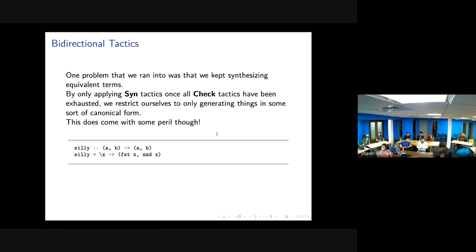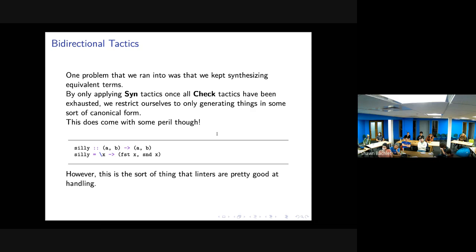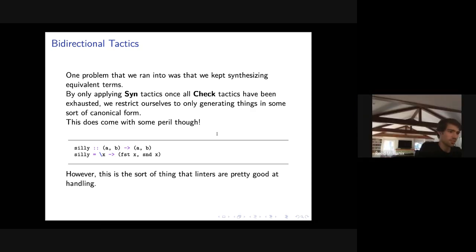And we end up with this very ugly monstrosity, which is not what the user would want to write. But I claim that this is sort of a non-issue because there are programs called linters, and they're pretty good at solving things like this. So this would be an easy lint. Or if you have a normalizer, you just take it to a normal form.